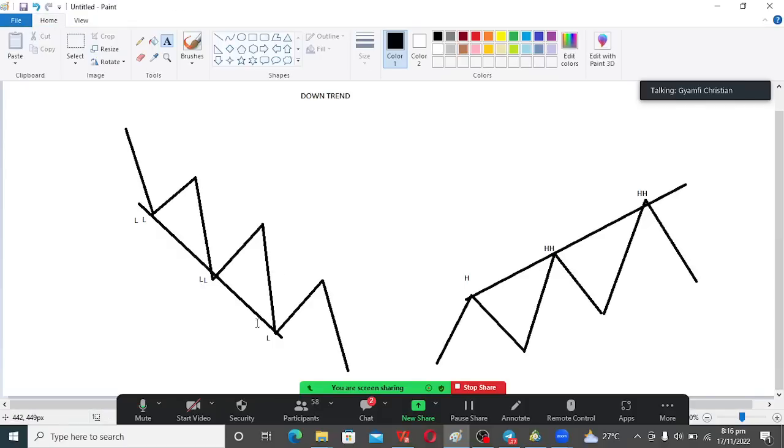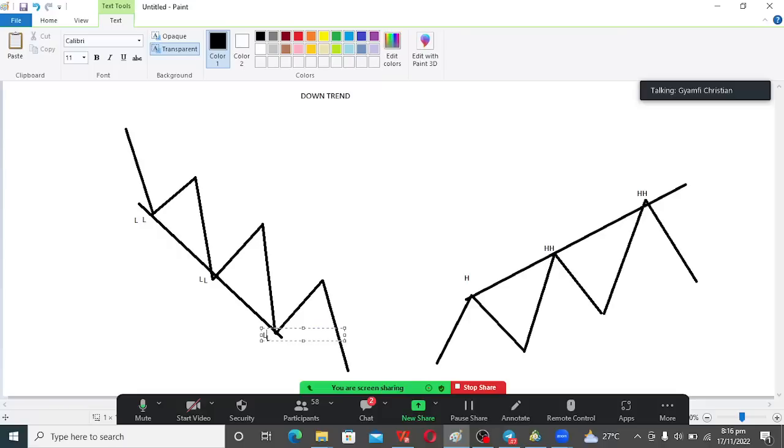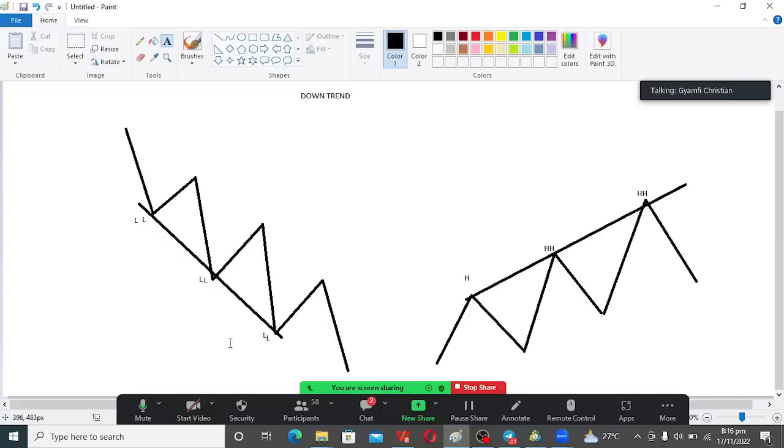Joshua has explained to us what he understands by uptrend and then a downtrend. I actually asked for only a downtrend, but you guys explained both. Who can also explain to us in his or her own words what a downtrend is?